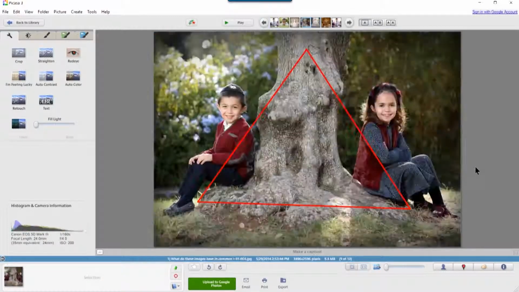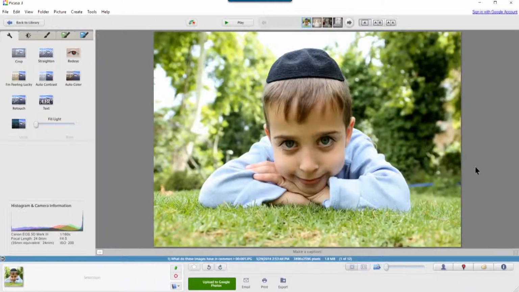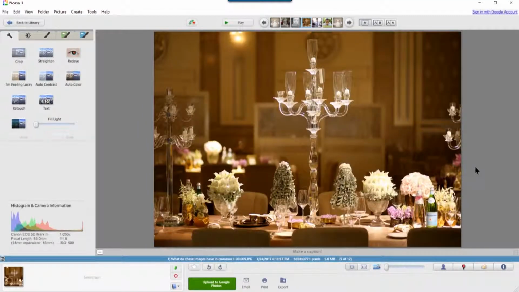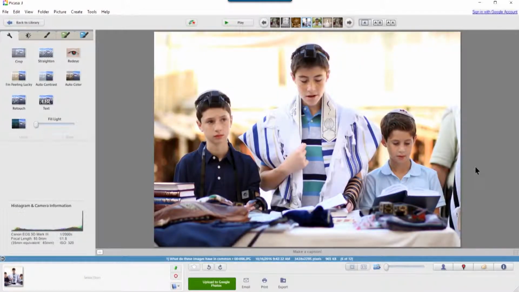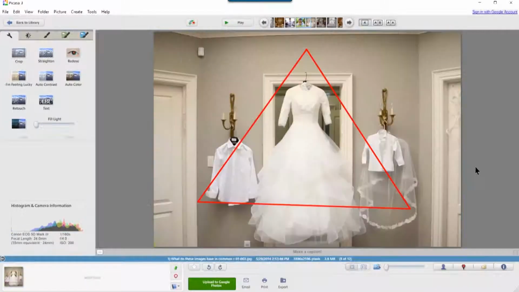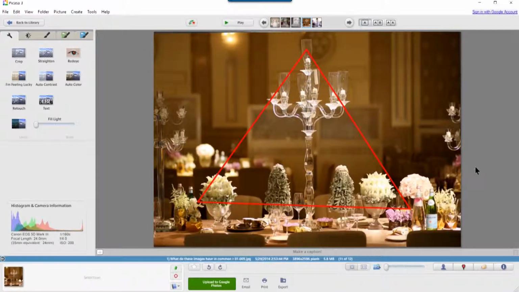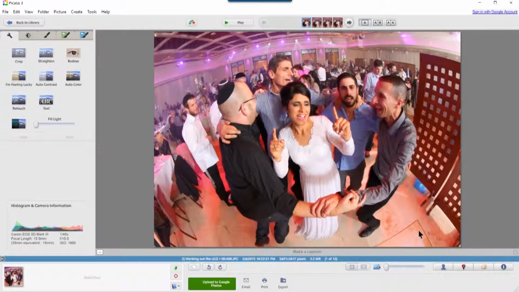So we have 6 completely different images: a bride, kids, candelabras, and we can see that it's the same underlying geometric structure. Does everyone see what the underlying geometric structure is here? The lines and shapes? What shape is the most predominant in this image?